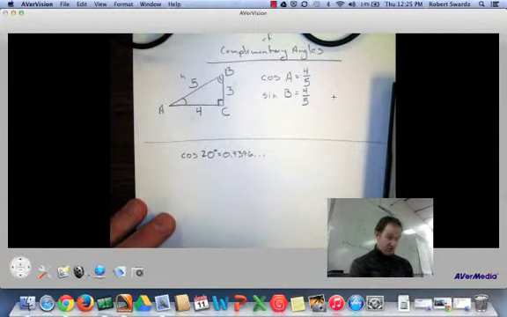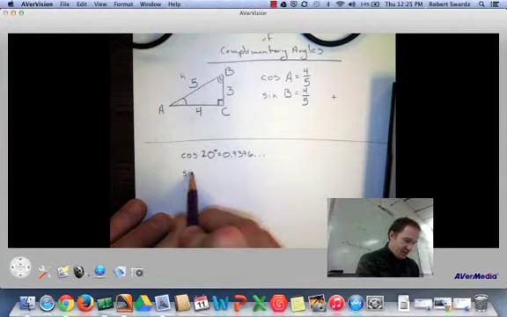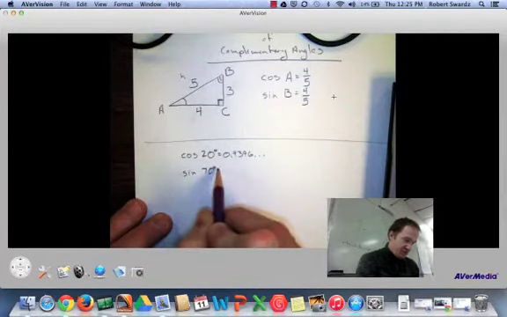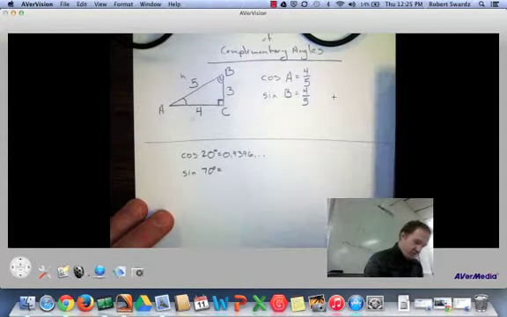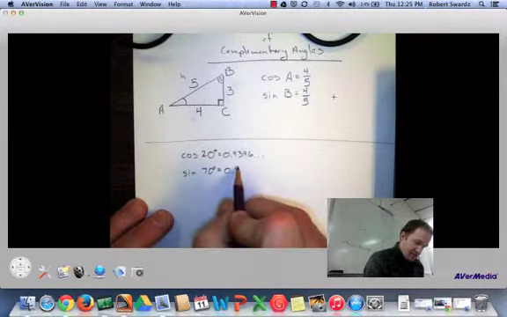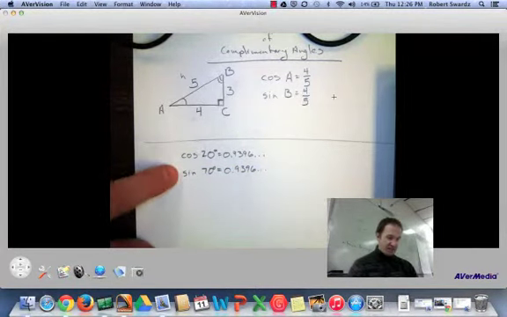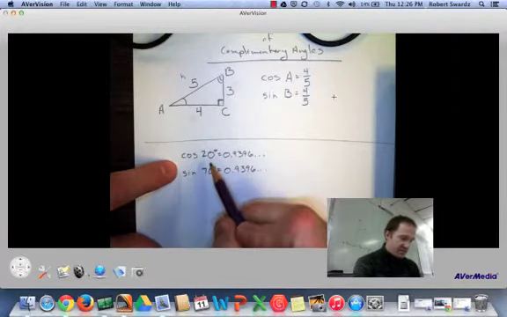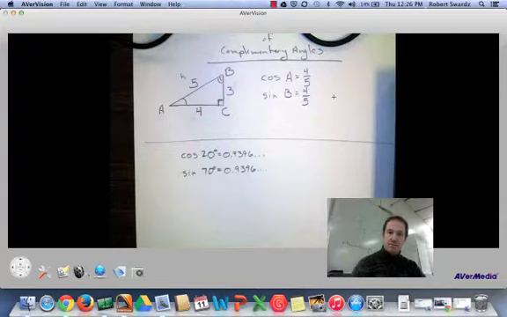Well, 70 is, because 20 plus 70 is 90. So if we take the sine of 70 degrees, we should get the same thing. Let's double check. Sine of 70. Look at that. Exact same answer, 0.9396. Taking the cosine and the sine of those are the same because these angles add up to 90 degrees, and that will always be the case.